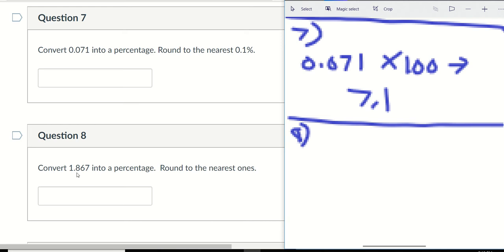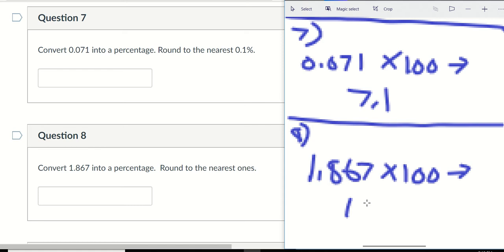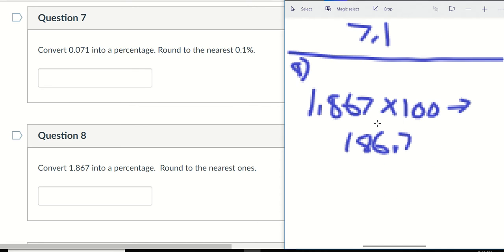We got this decimal. We need to go to percentage. Still the same. 1.867 times 100. Round to the nearest ones. So what would be the answer if it's to the nearest 1? Yeah, so this is the number in question.